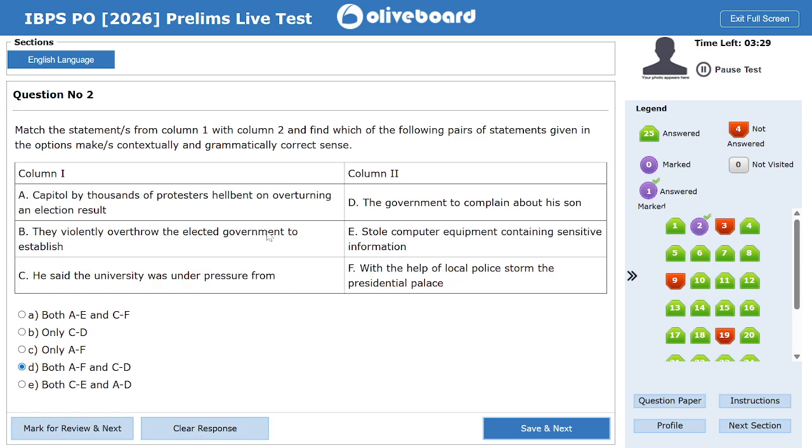Okay. They violently overthrow the elected government to establish. Nahi B se, koi bhi nahi hoga. So he said the university was under pressure from toll competition, capital by thousands of protesters hell-bent on overturning an election.